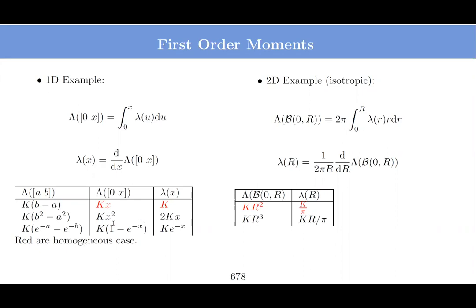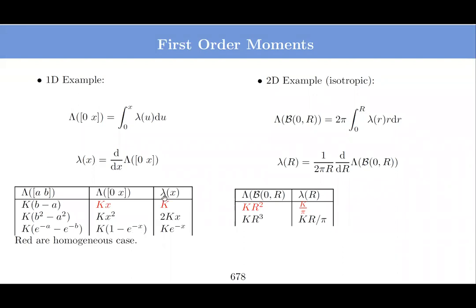So if your density is k, then the mean measure is k(b minus a). For any (0,x], it will be kx. You can actually remember some of these cases so that you can quickly identify the corresponding density and the intensity measure.